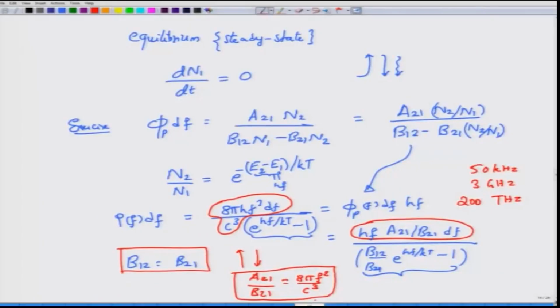And then finally, when we equated the two under the steady state condition, we found a very important conclusion that the coefficient B12, which takes atoms from energy level E1 to E2, is the same coefficient which takes atoms from E2 to E1.